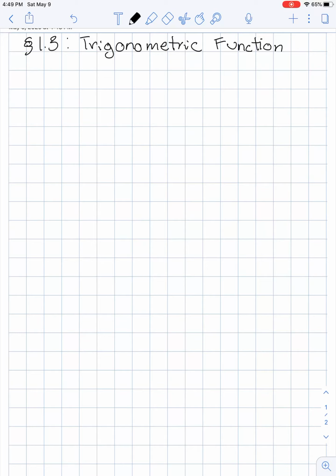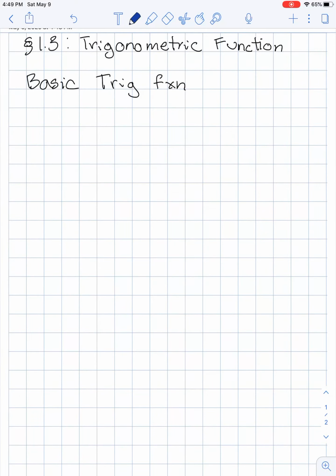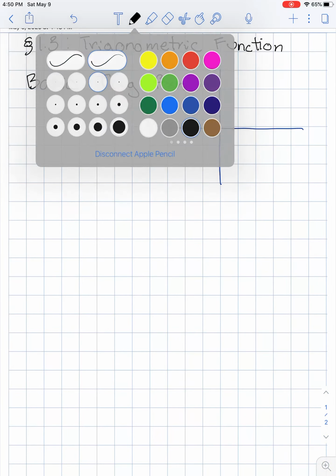There are 6 basic trig functions. So first, let's say that we have this little graph, really useful to use.